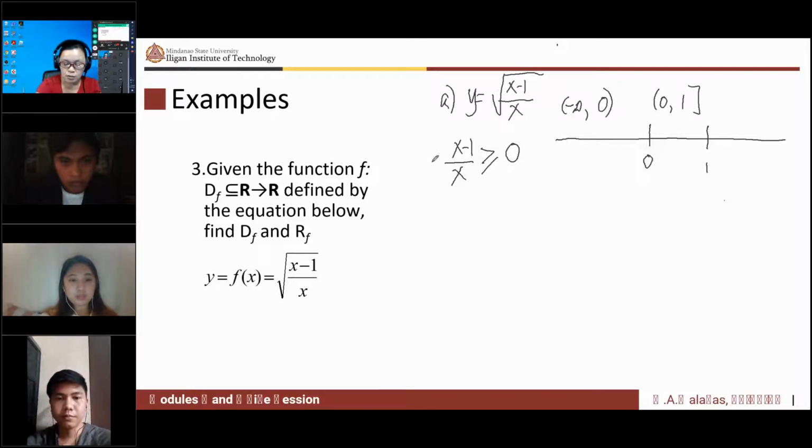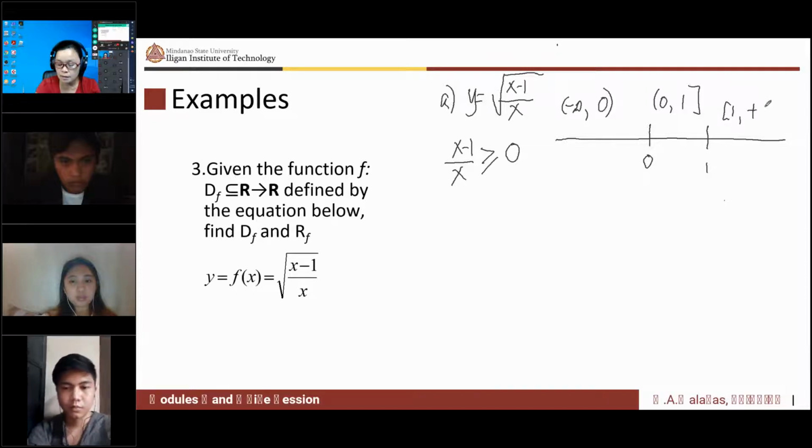Because it will still satisfy the inequality here. And then we have 1 to positive infinity. So we can get test points. When x is, say, negative 1, substitute it here. You get negative 1 minus 1, that's negative 2, over negative 1, that's positive. So that is greater than 0.